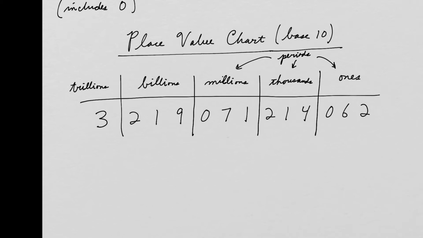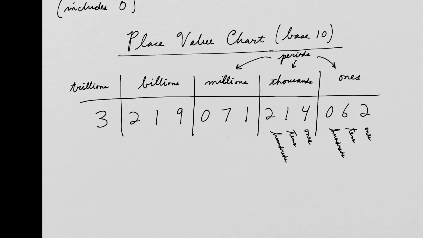Within each of those periods, this is the ones position. Then we have the tens, and then the hundreds. And again, in the thousands period, this again will be the ones, like this represents 1,000, then tens, and then hundreds.